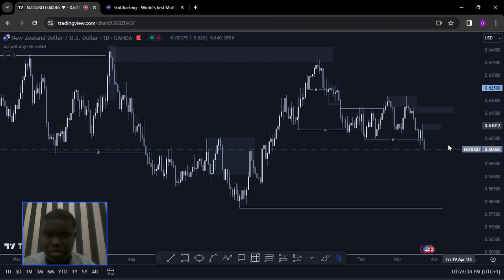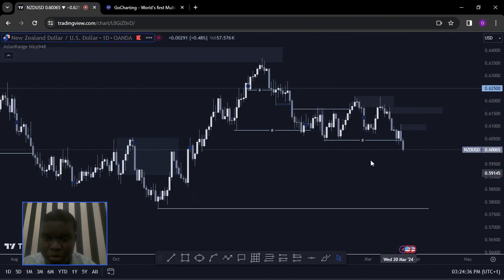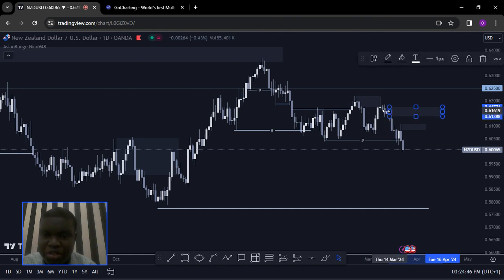What else can we see happening? Let's drop to the... okay. The two zones which we have, I already marked it out. The two zones which we expect market to react from is from here and here.